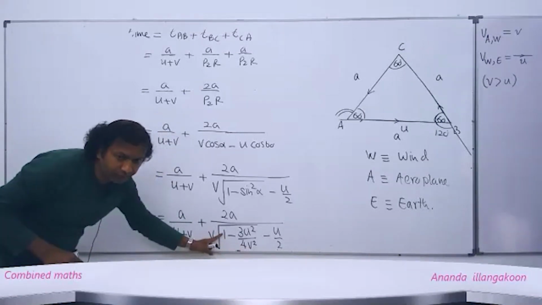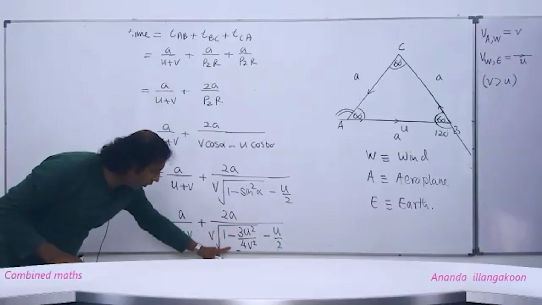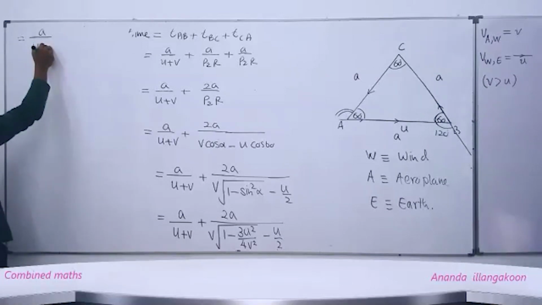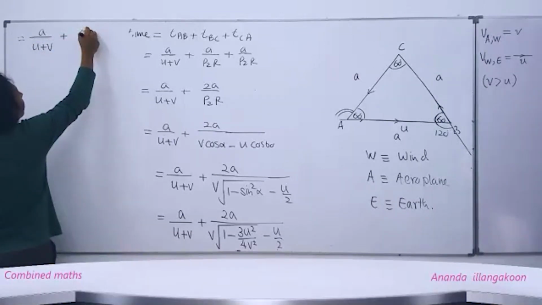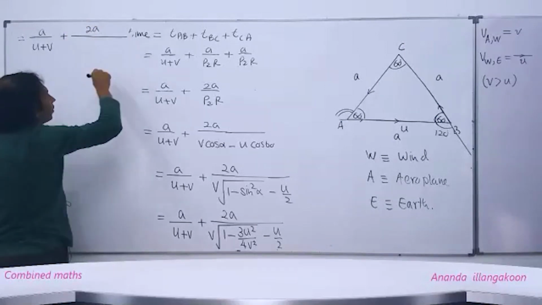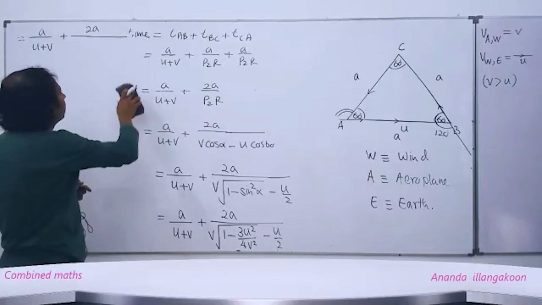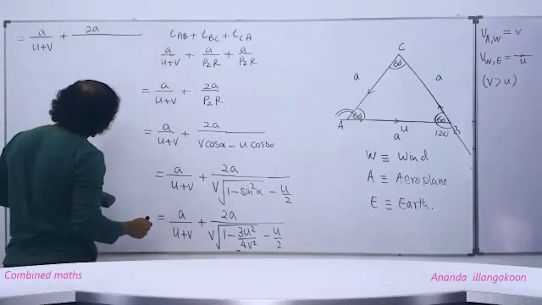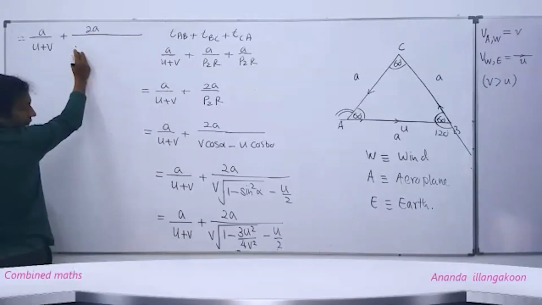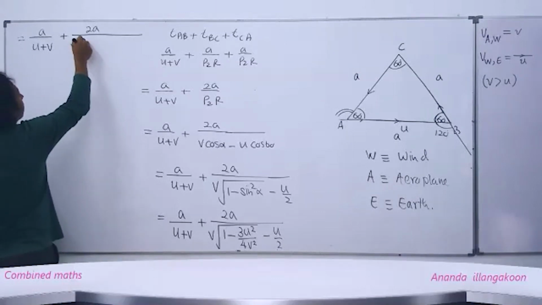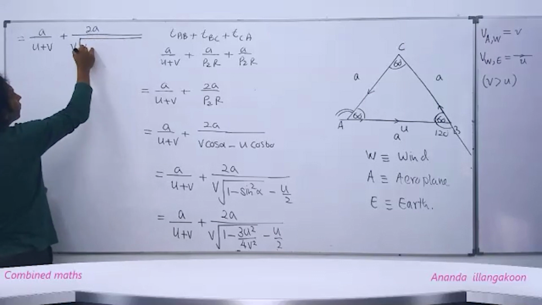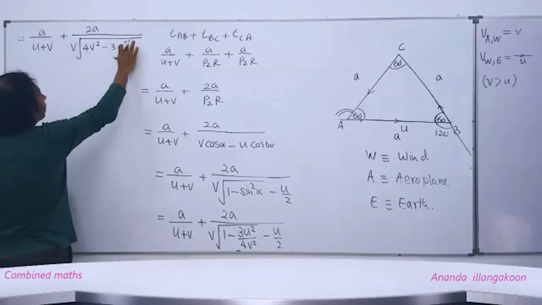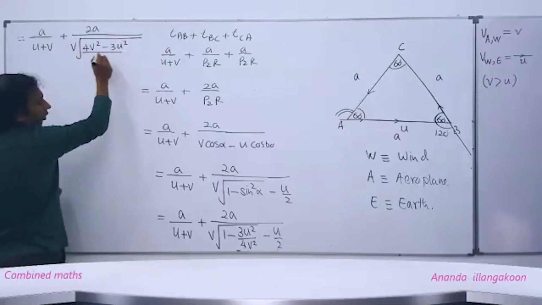Then this will be 4V squared minus 3U squared, divided by 4V squared.